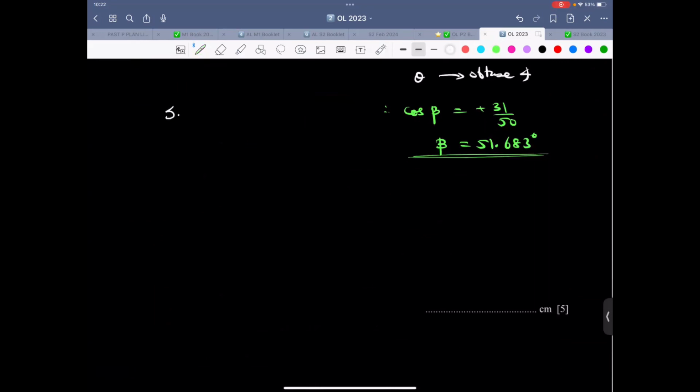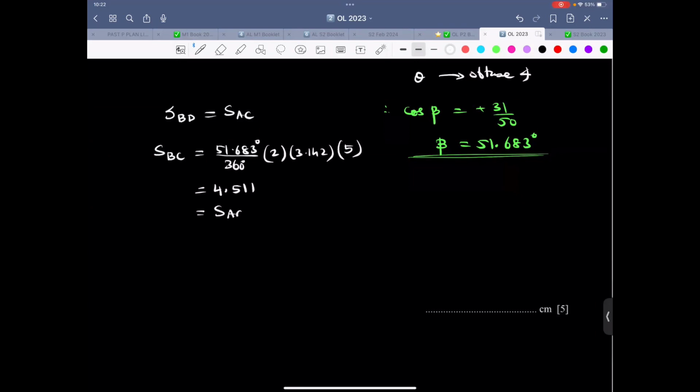Arc length BD is the same thing as arc length AC. So arc length BD is 51.683 degrees divided by 360 degrees into 2 into 3.142, that is pi, into R. R is 5. When we do this calculation, this comes out to be 4.511. That is equal to arc length AC.